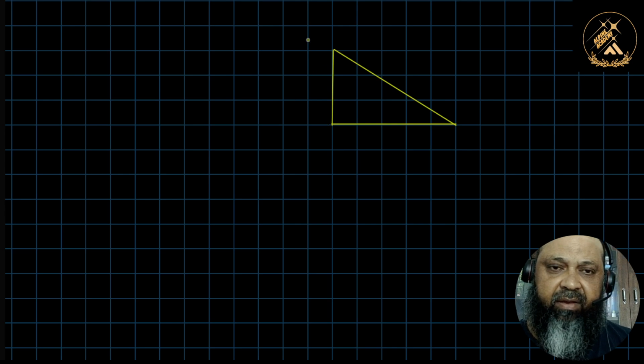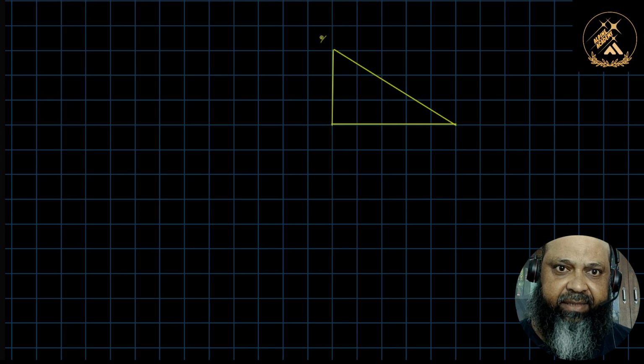For example, these are X, Y, and Z, the 3 points of the triangle, and this particular angle is 90 degrees, the right angle. This erect line is known as the perpendicular.